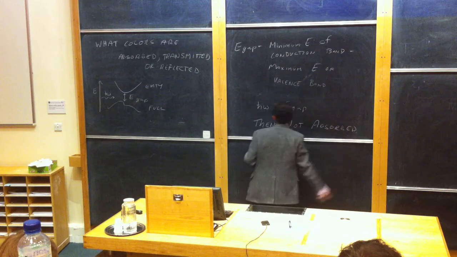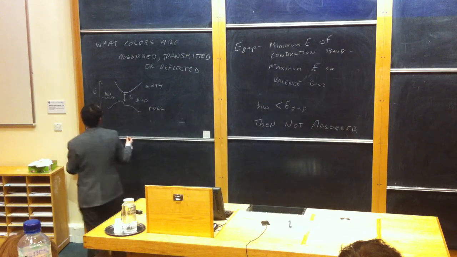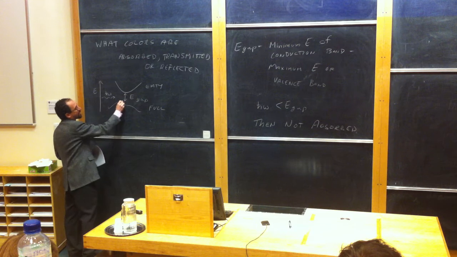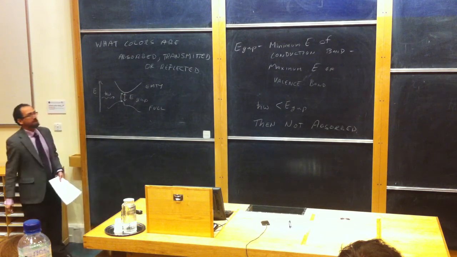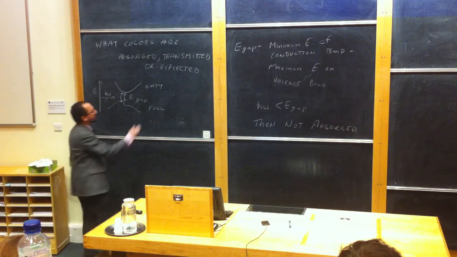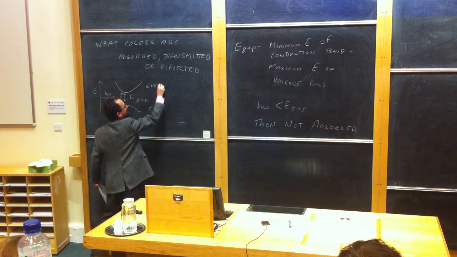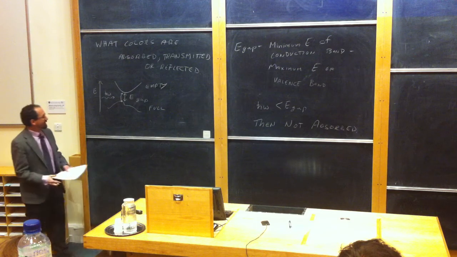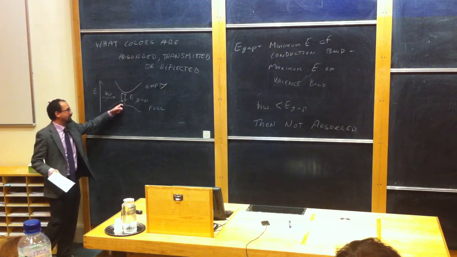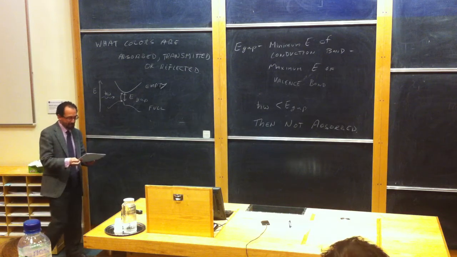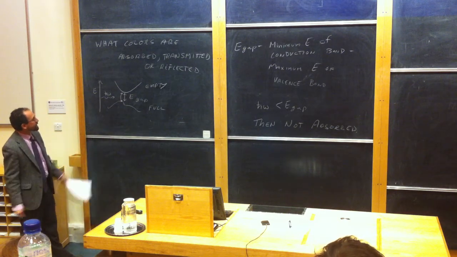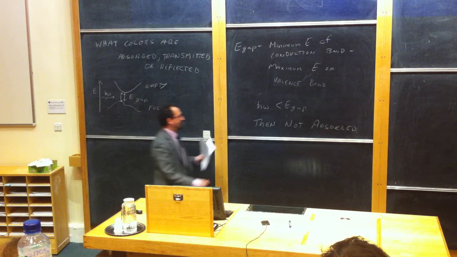Well, in order to absorb a photon, an electron from the valence band has to absorb that energy and get excited up to the conduction band. It has to get excited from the full valence band up to the empty conduction band.